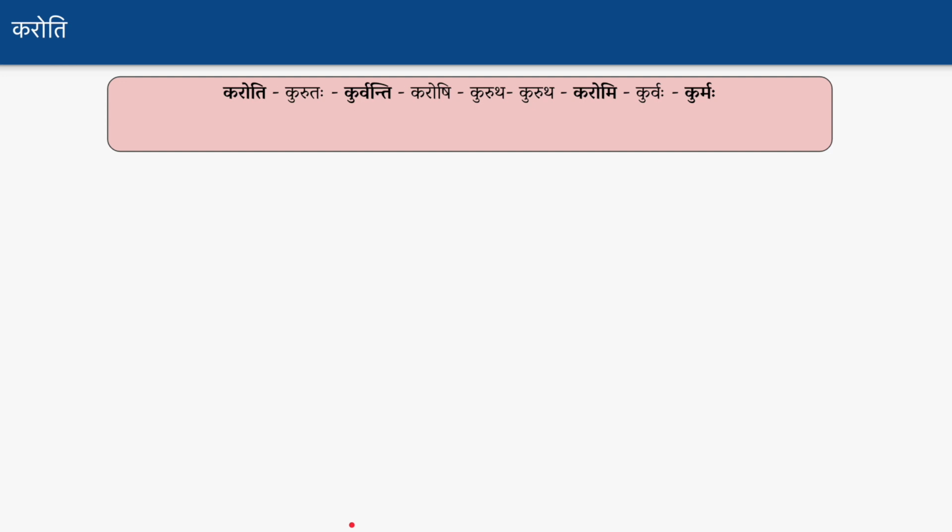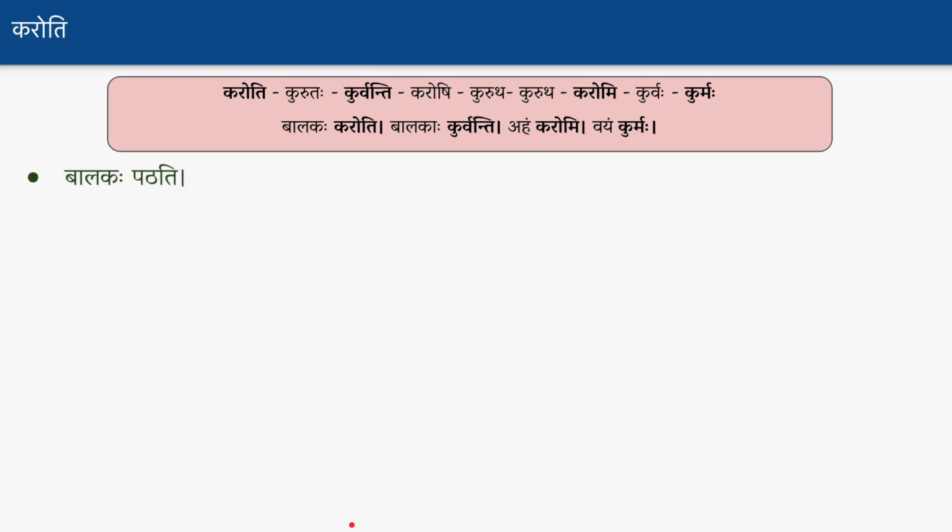So these are the 9 forms in the lat lakara. And similarly, balakaha karoti, balakaha kurvanti, aham karomi, vayam kurmaha. If you know these usages, then even with karoti forms, we can represent the difficult Kriya Padams also.